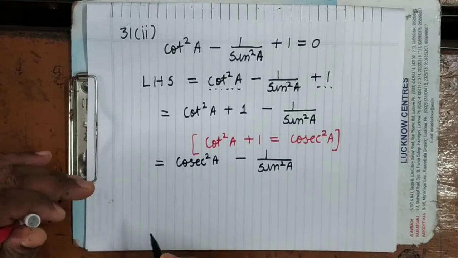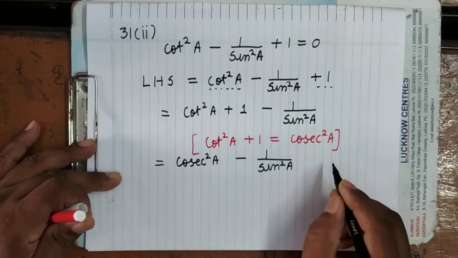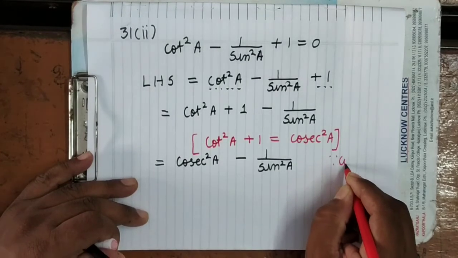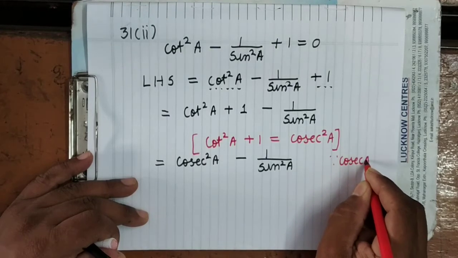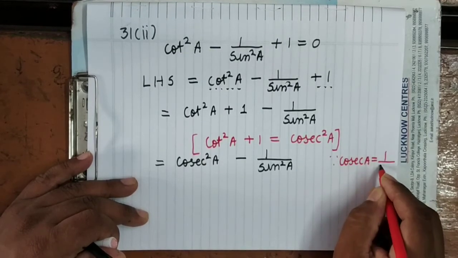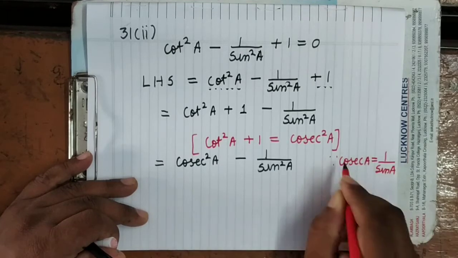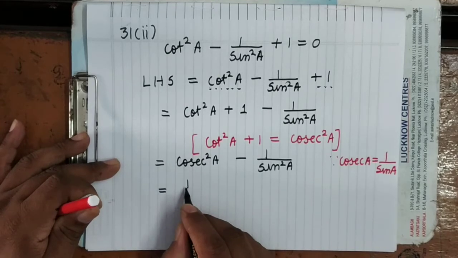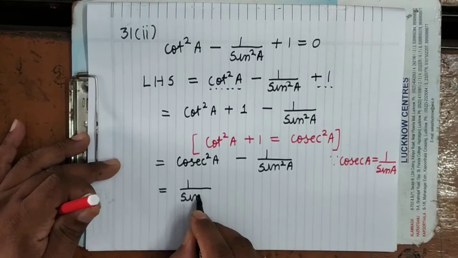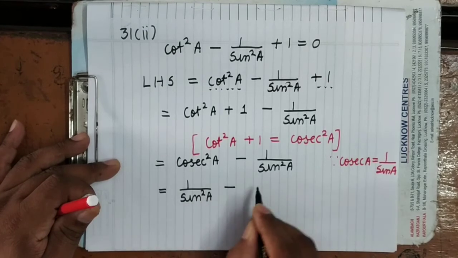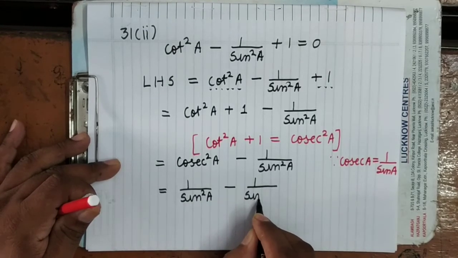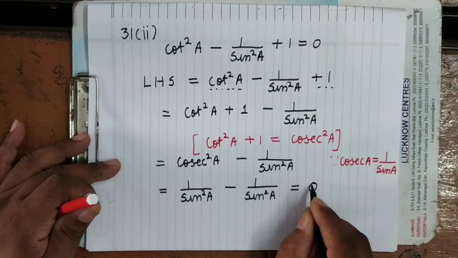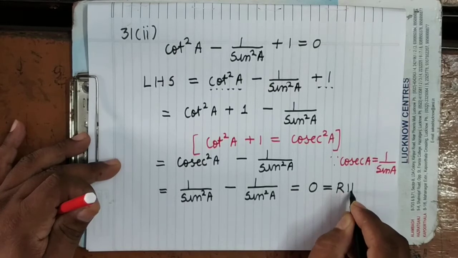Now we know that cosec A is reciprocal of sin A, since cosec A equals to 1 upon sin A. Therefore cosec square A can be written as 1 upon sin square A. So it will be 1 upon sin square A minus 1 upon sin square A. That will be equal to 0, equals to RHS.